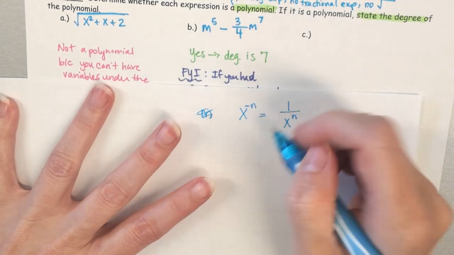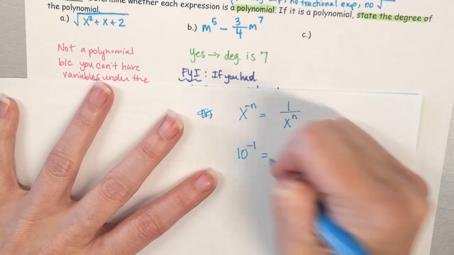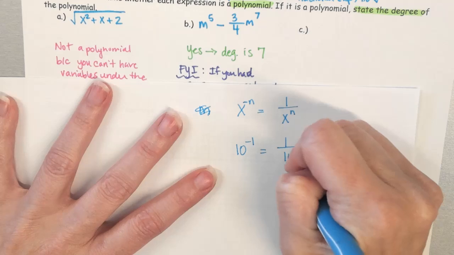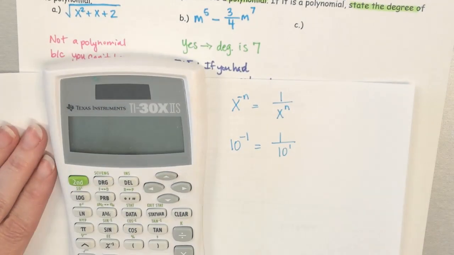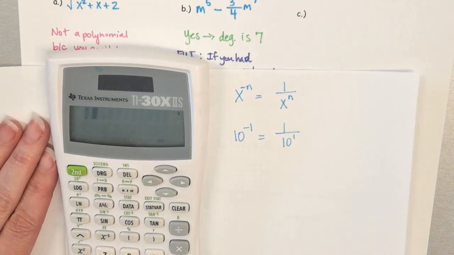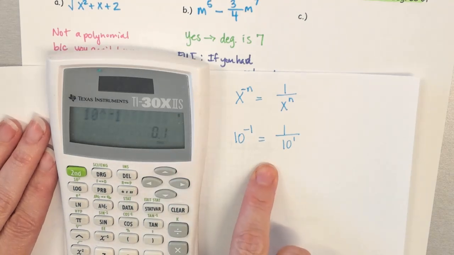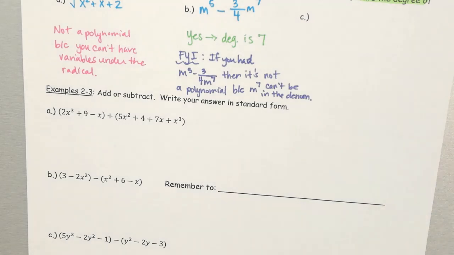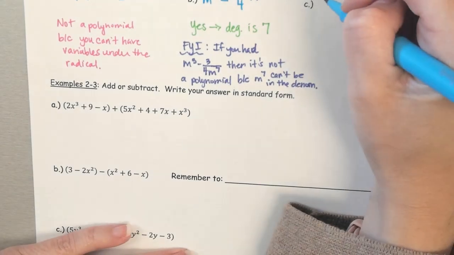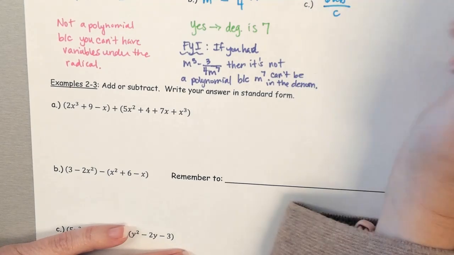For example, if you have 10 to the negative 1st, that would be 1 over 10 to the 1st power, or 1/10. That's something you can check really easily on your calculator. If you do 10 to the power of -1, see how you get 0.1, same thing as a tenth. Okay. All right, and then for part C, you have 6ab squared over c.